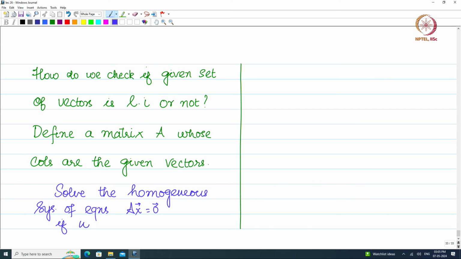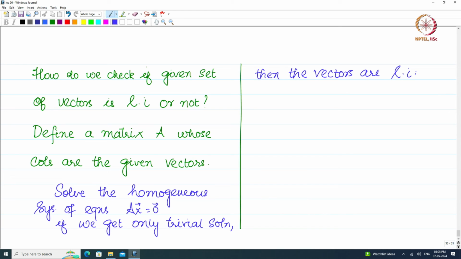If we get only the trivial solution, then the vectors are linearly independent. If you get a non-trivial solution, the vectors are linearly dependent.